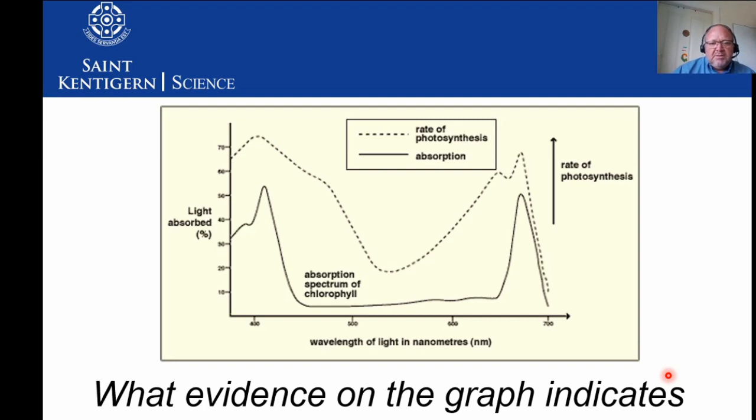The question is, what evidence is there that green is not the only color that has an effect? You can look at the wavelength and green will be in the middle, but as you come from yellow into green, it's going to show that it actually goes down. Otherwise there would have been a very steep dip right in the middle.